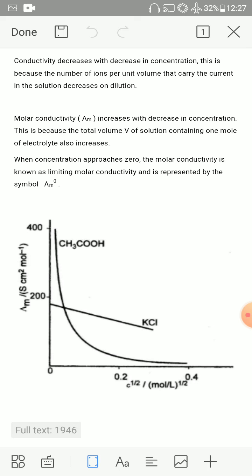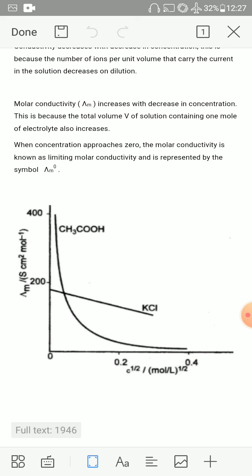So of these two lines, one is for a strong electrolyte, that is KCl, NaCl. The graph for KCl and NaCl looks similar. And for a weak electrolyte, the graph becomes a curve. So these are the variations of molar conductivity with the concentration of the solution.